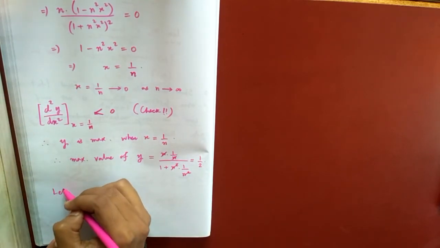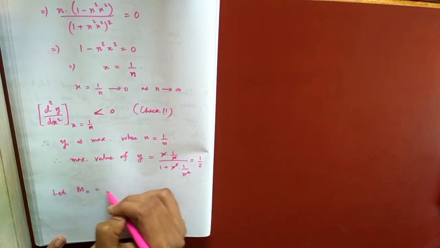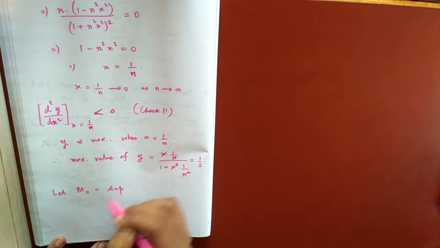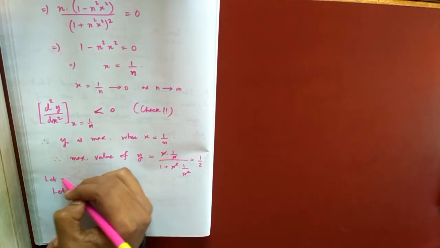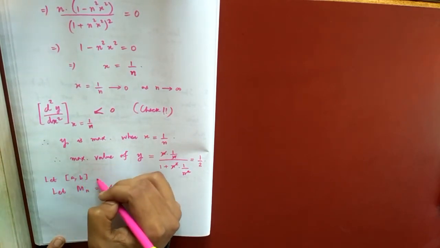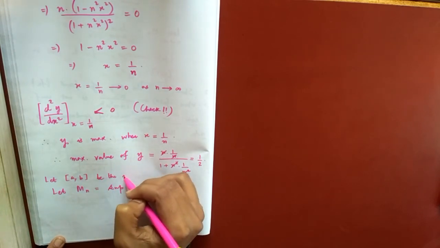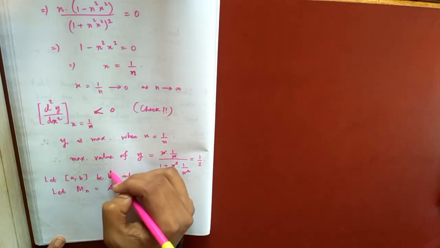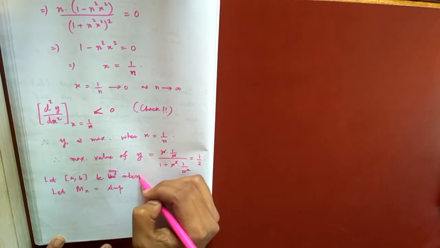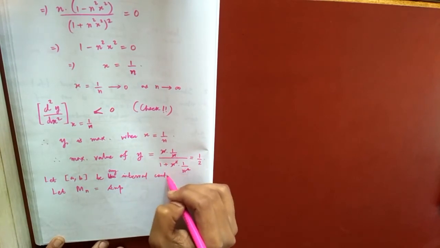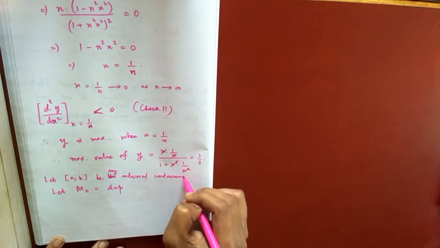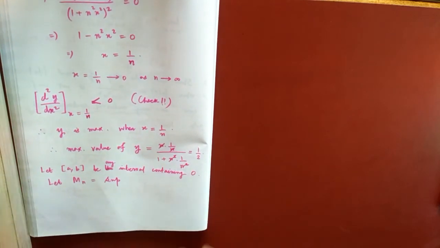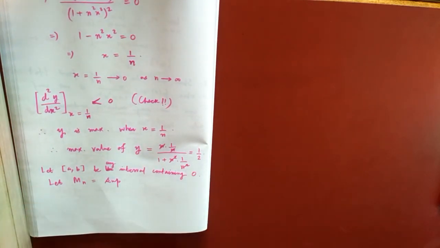So let Mn be the supremum. Let me take that interval. Let AB be any interval containing 0. I'll prove that the function is not uniformly continuous there.